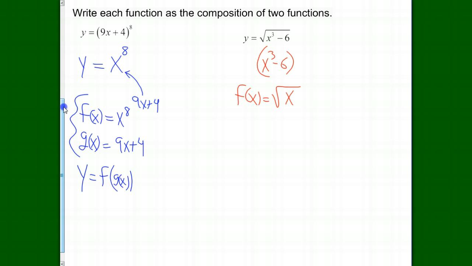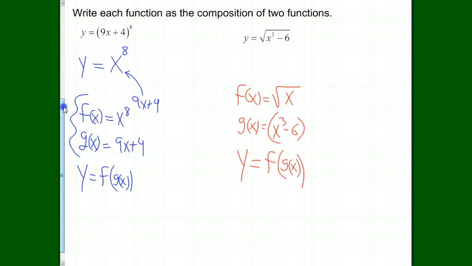In this square root, we're plugging in this thing. And so what we have is our equation y is function f, the square root, where we have plugged in that function g of x, which is the x cubed minus 6. So we're just identifying our functions f and g when it's a composite.